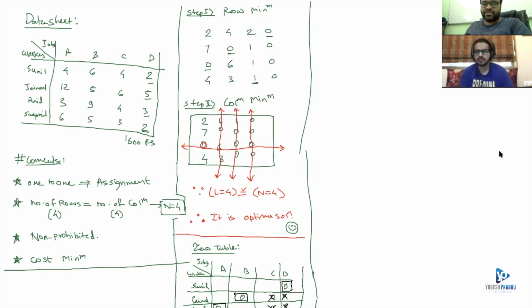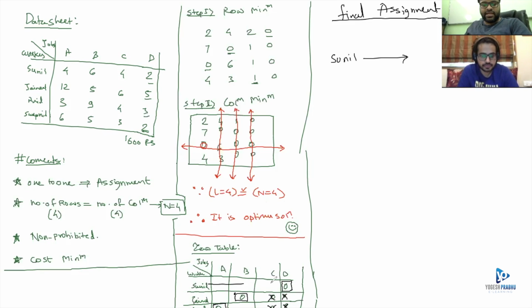Like a super easy question. Now we have to assign final assignment as per the zero table. Sunil is connected to D, which is 2.